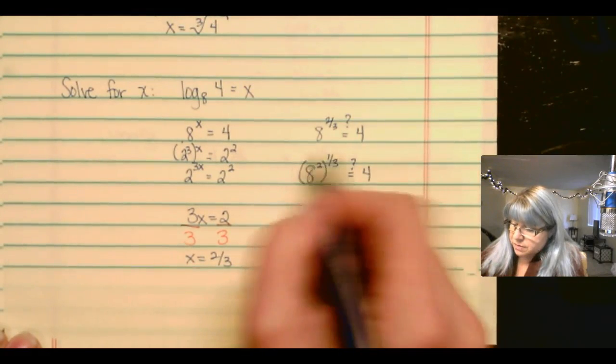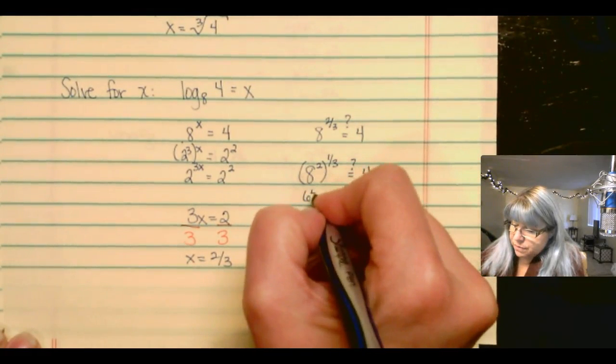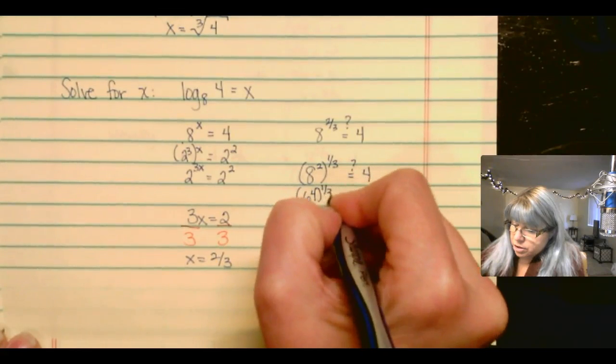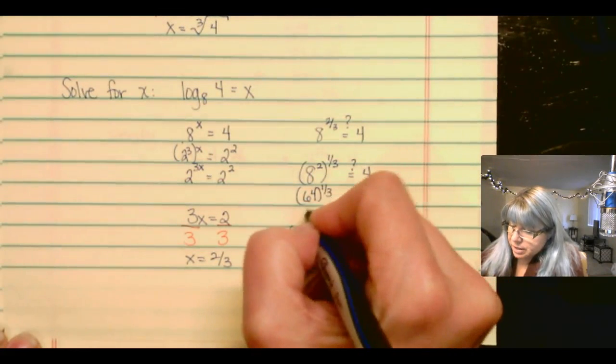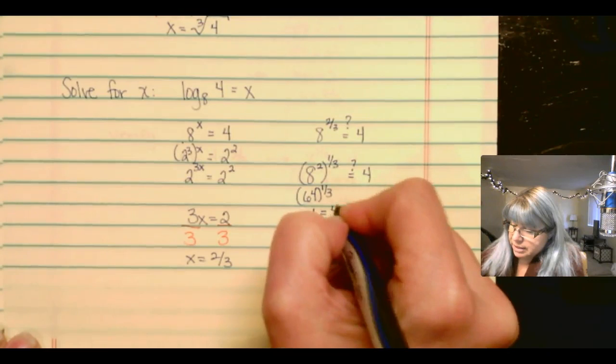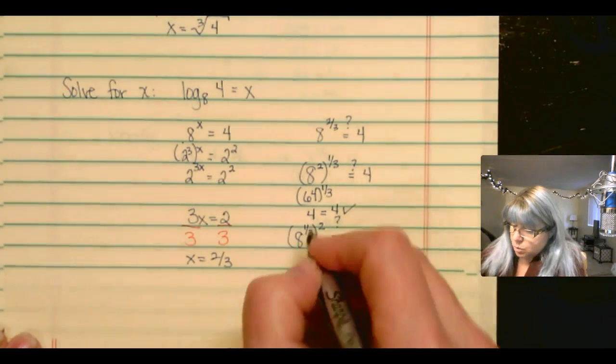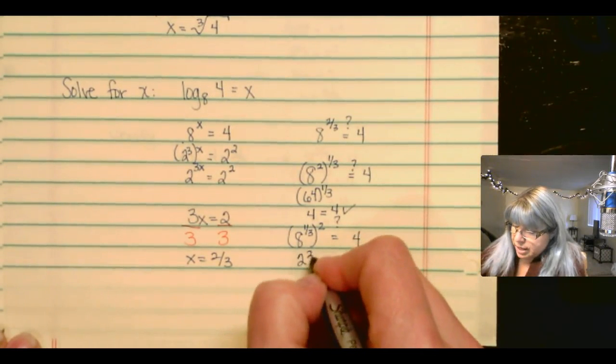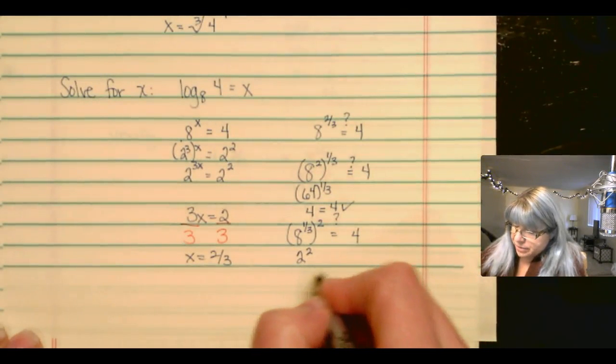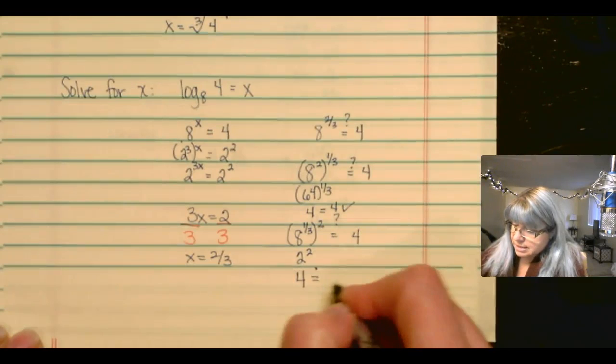Here, if I do the first version, it's going to be 64. The cube root of 64 is 4, and 4 indeed equals 4. Or I could take the cube root of 8. Well, the cube root of 8 is 2, and 2 squared is 4, and 4 does equal 4.